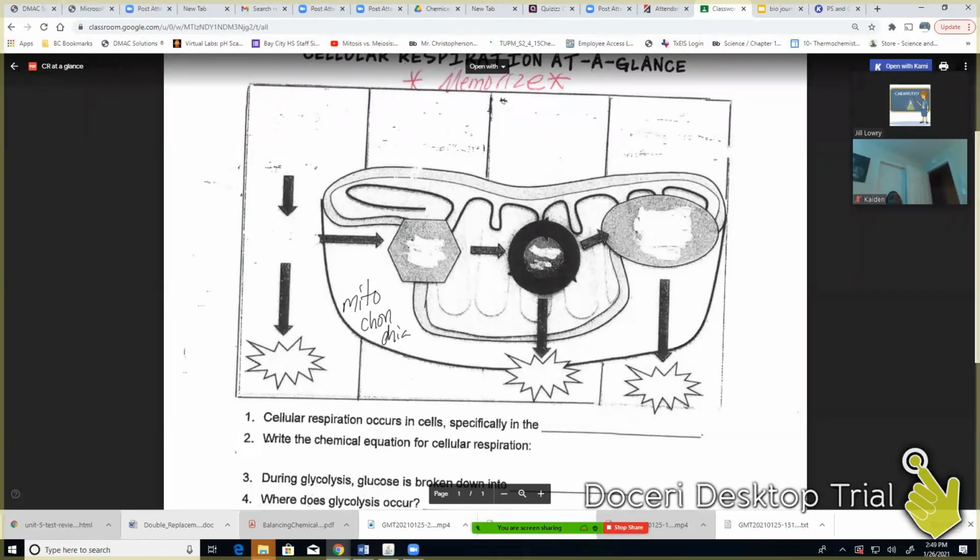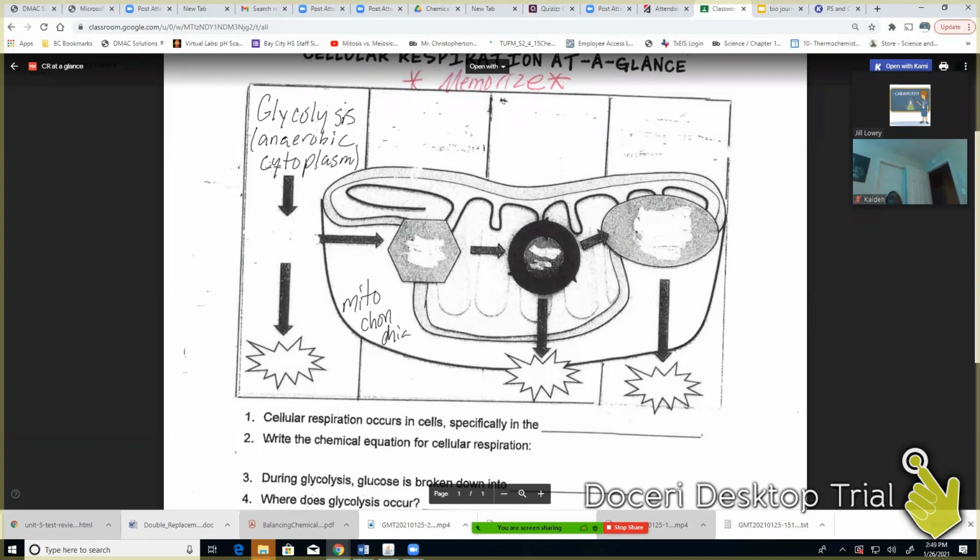So the first thing that we said that occurs is the glycolysis. And that is anaerobic, which means it does not require oxygen. And that's happening in the cytoplasm. So before it actually gets into the mitochondria.